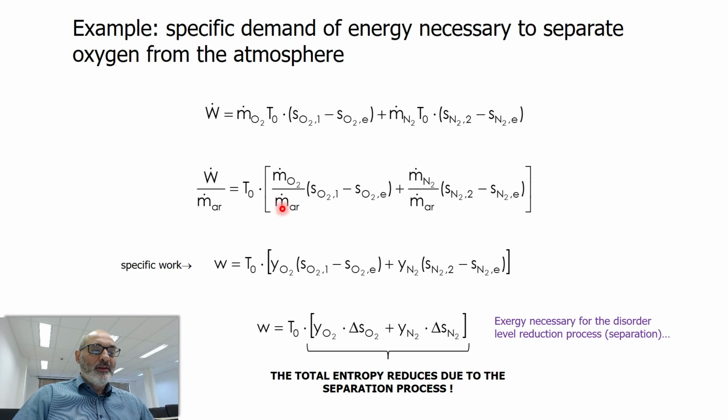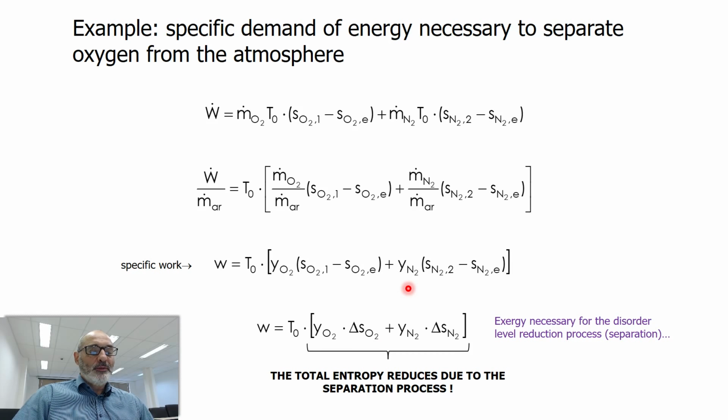Flow rate of oxygen divided by total flow rate of air, flow rate of nitrogen divided by total flow rate of air, okay? And this is exactly the definition of the concentrations that we had before, okay? So, MO2 divided by total flow rate is O2's concentration, okay? And here, concentration of nitrogen, okay?